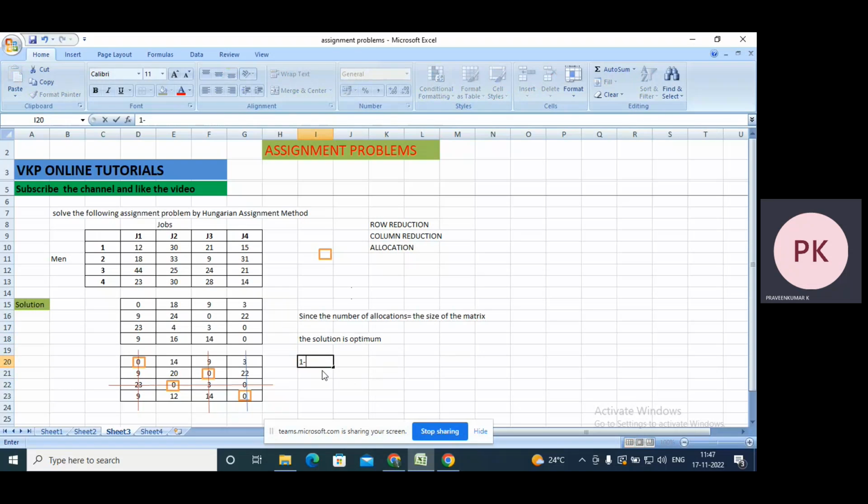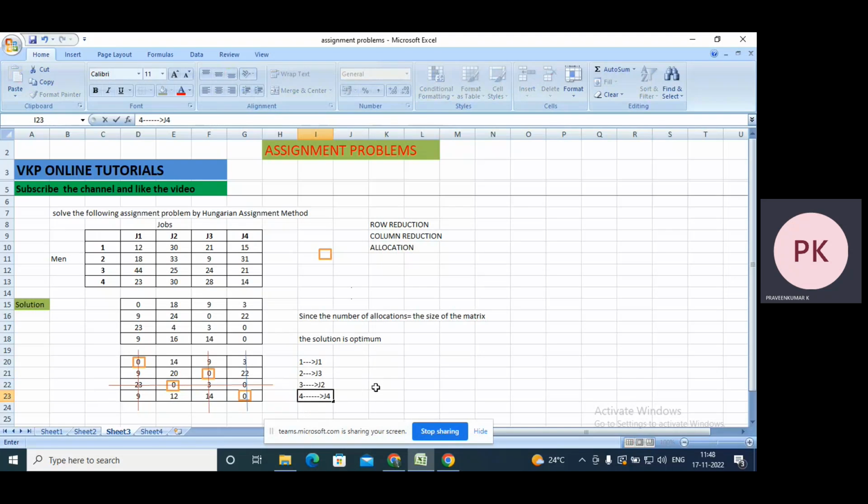So that is 1 to J1, then you have 2 to J3, and next one is 3 to J2, then 4 to J4.